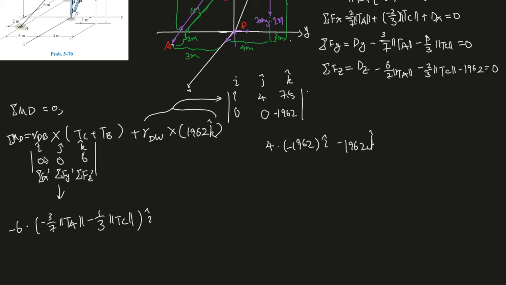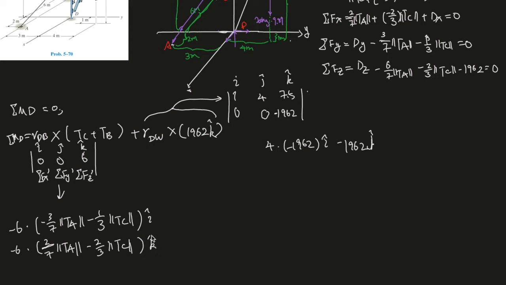And then for the j direction, we cover this as 0 times equals 0, minus this, so minus 6 times Fx, right? Get rid of the dx, which is, wait, sorry, not negative, just 2 over 7 times TA minus, because plus and negative equals minus, minus 2 over 3 times TC, right?